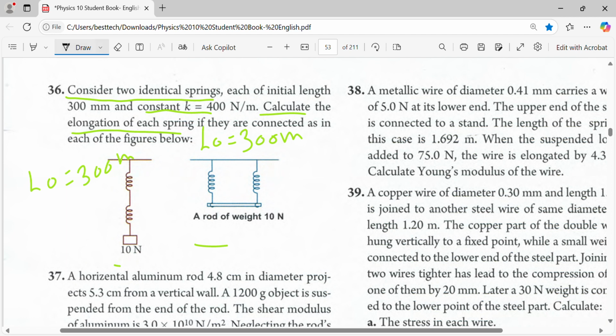Find the springs. It means L minus L naught. Find L minus L naught for both springs. Okay, guys, let me solve the first picture. Find L minus L naught for this picture first.